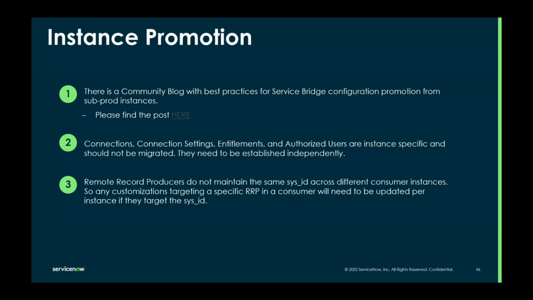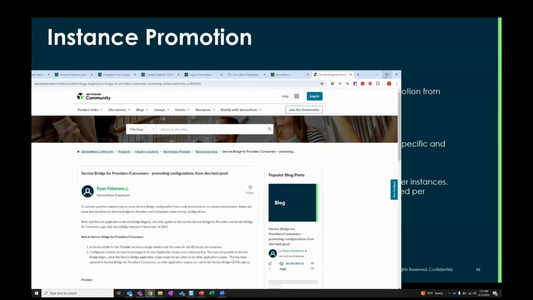So if there is customization that a consumer is doing, targeting a specific RRP on the consumer instance with a sysid, they are going to need to update that script or flow or whatever it might be on their instances between dev, test, and prod. That will be updated in the August release, so that it will maintain the same sysids between the instances for the RRPs. But just be aware that today that is not something that is maintained.